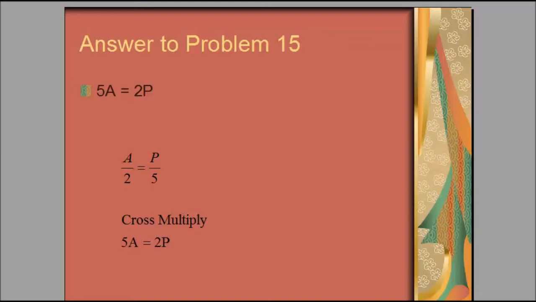This proportion is set up a little differently than some of the others I've done in this section, but it's still correct. Notice that the symbols for the brands of dog food are both in the numerator, and the numbers of dogs who prefer that particular brand are in the denominator. Cross multiplying gives us 5a equals 2p.